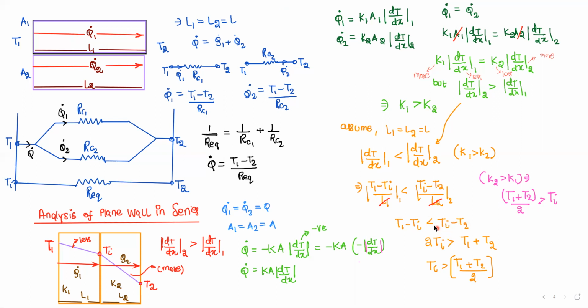On rearranging the terms, transferring T1 on this side and T2 on this side, we have the interface temperature greater than the arithmetic mean of the temperatures if k1 is greater than k2. If the reverse happens, that is k2 is greater than k1, then the arithmetic mean temperature will be greater than the interface temperature.